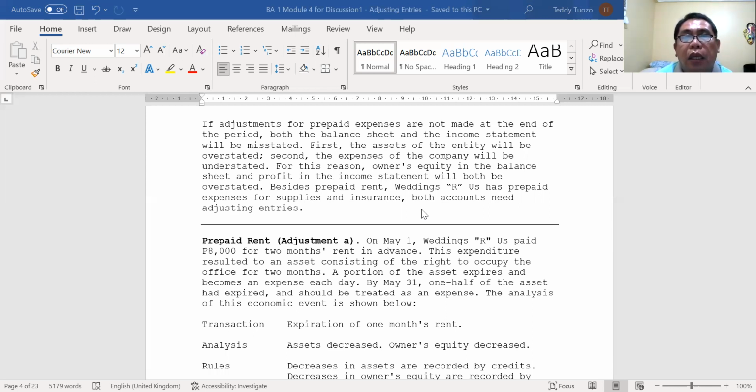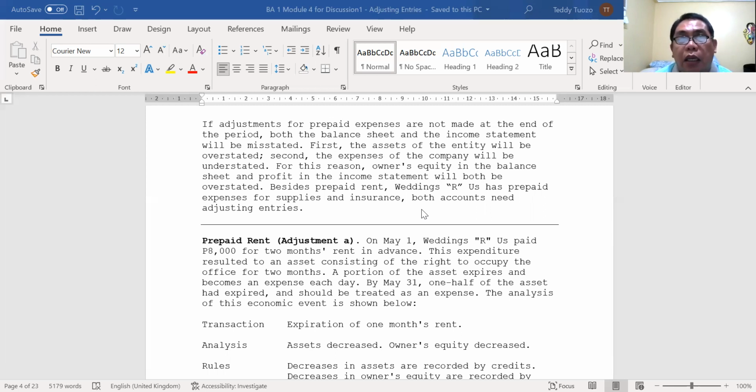Of course, remember that the adjusting entry for deferral will reduce an asset or liability account, and it will increase either income or expense. So the deferral adjusting entry will involve an asset or liability and an income or an expense.